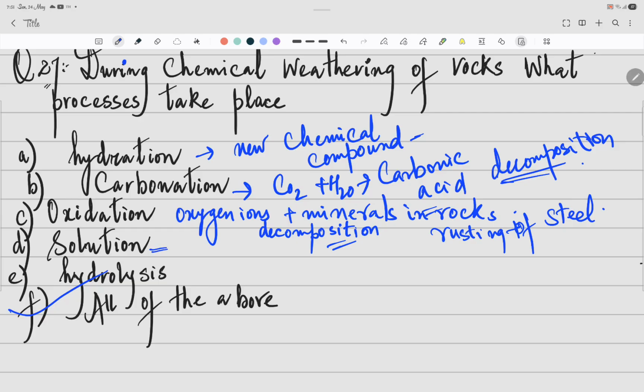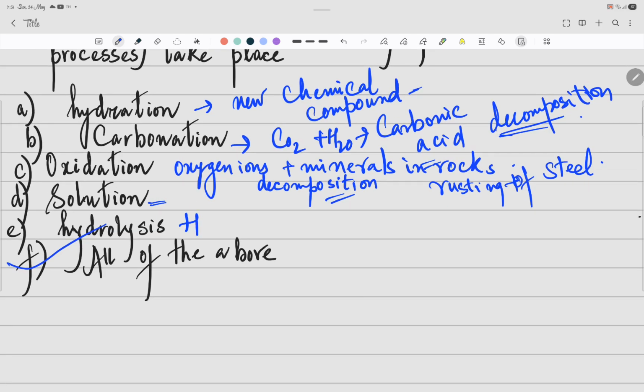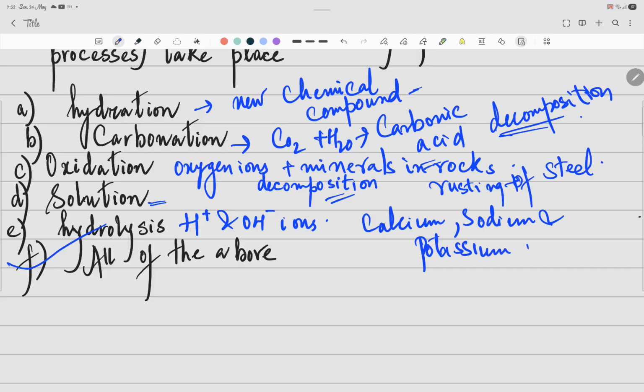In hydrolysis, it's also a chemical process in which water gets dissociated into H positive and OH negative ions, and the hydrogen cations replace the metallic ions such as calcium, sodium, and potassium in rock minerals. And the soils formed have a completely new chemical composition.